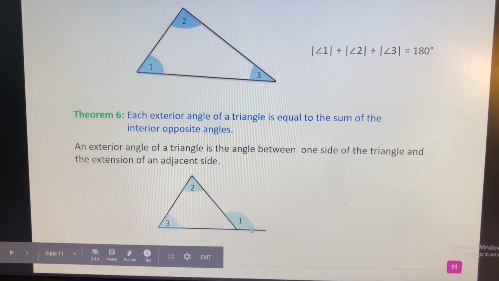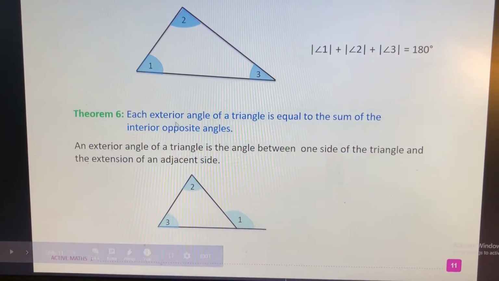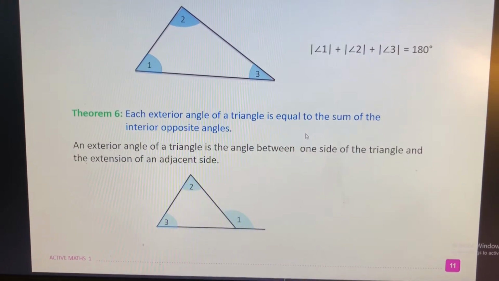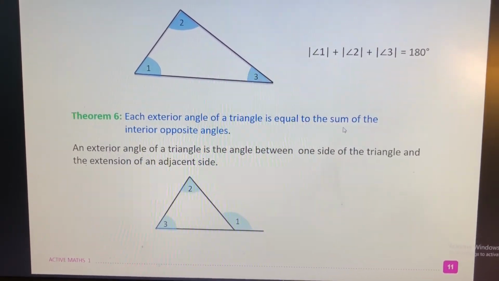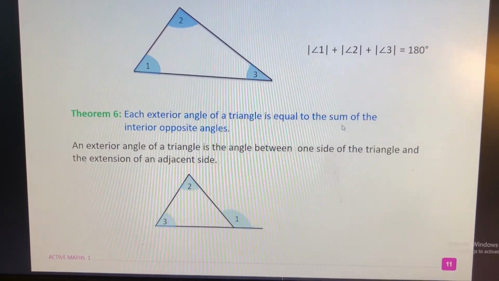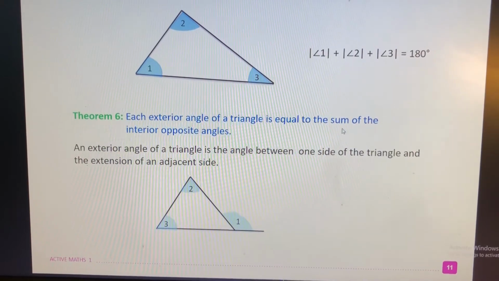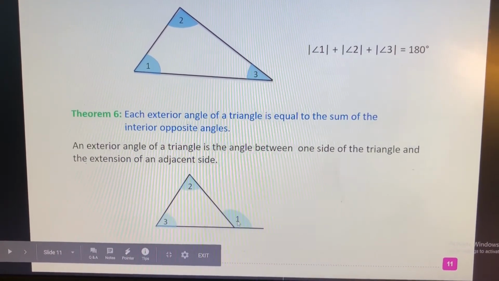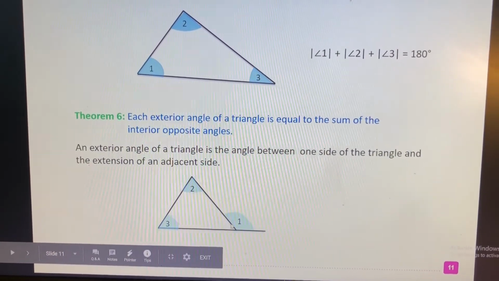Now, Theorem 6 then, so let's read it again, says that each exterior angle is equal to the sum, and we know that sum means total, adding, of the two interior opposite angles. Now that means it is equal to both of the angles inside the triangle that it is not touching.